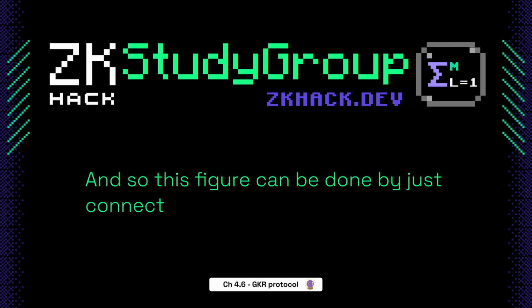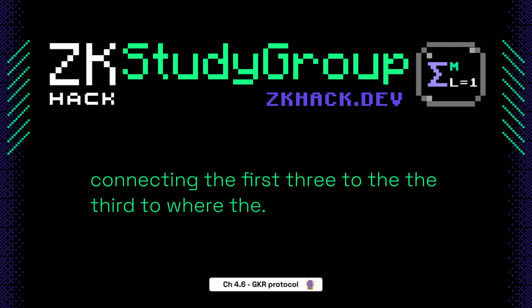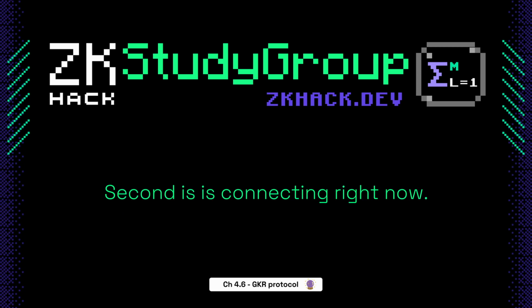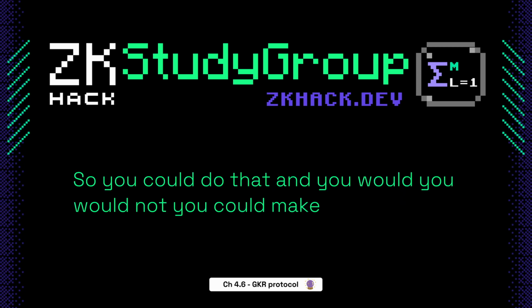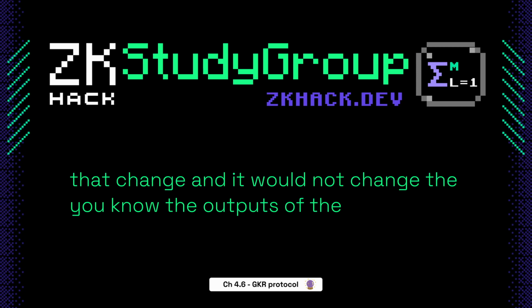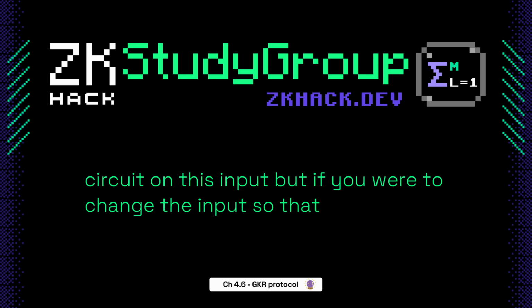So this figure can be done by just connecting the first 3 to where the second 3 is connecting right now. Yeah, you could make that change, and it would not change the outputs of the circuit on this input.